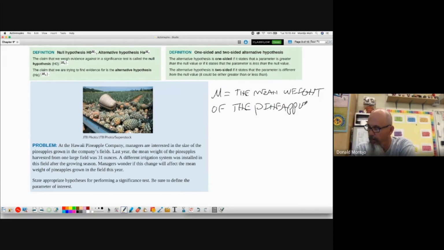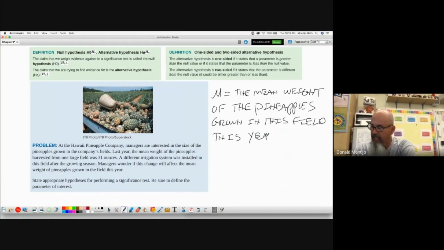Okay. So the mean weight of the pineapples. What pineapples? The mean weight of the pineapples grown in this field. When? This year. So we have to be very specific.